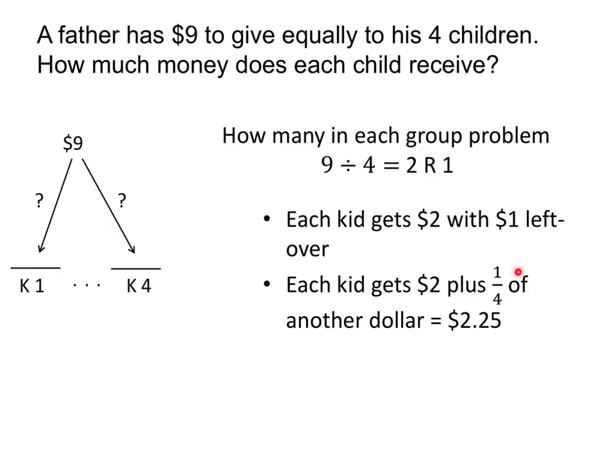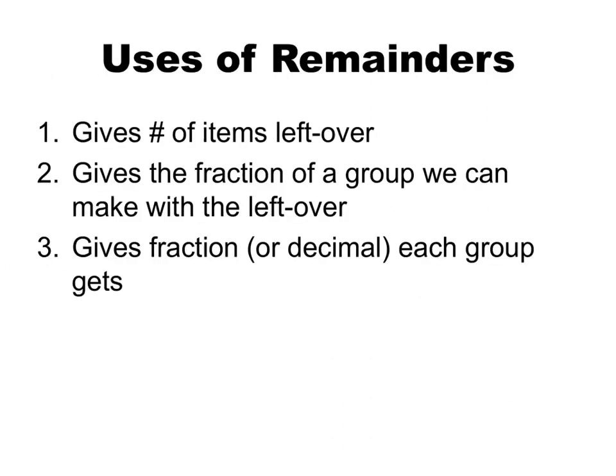So that means that each kid is going to get a quarter of another dollar. Well, we typically don't use fractions to talk about dollars. We typically use decimals. And so a quarter of a dollar is 25 cents or 0.25. So this would mean that each kid is going to get $2.25.